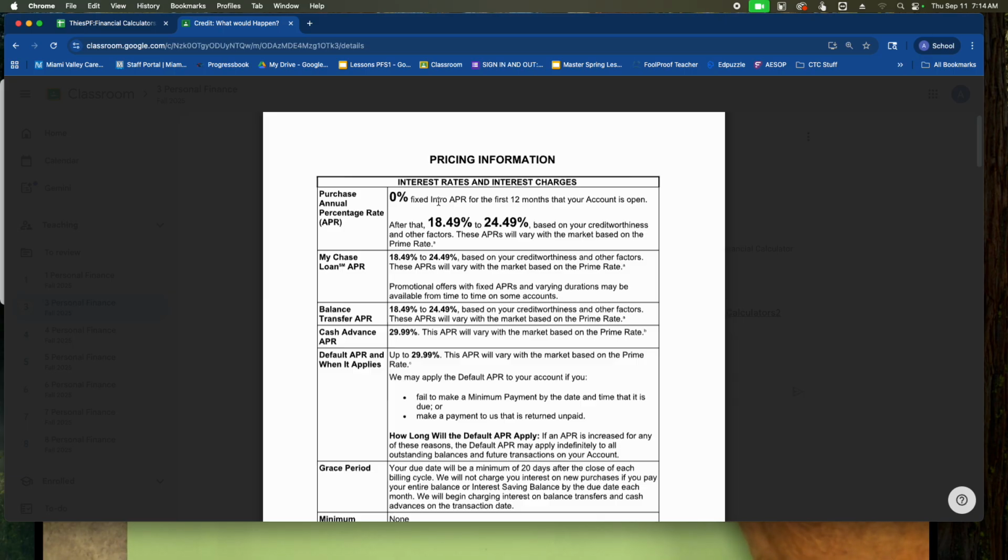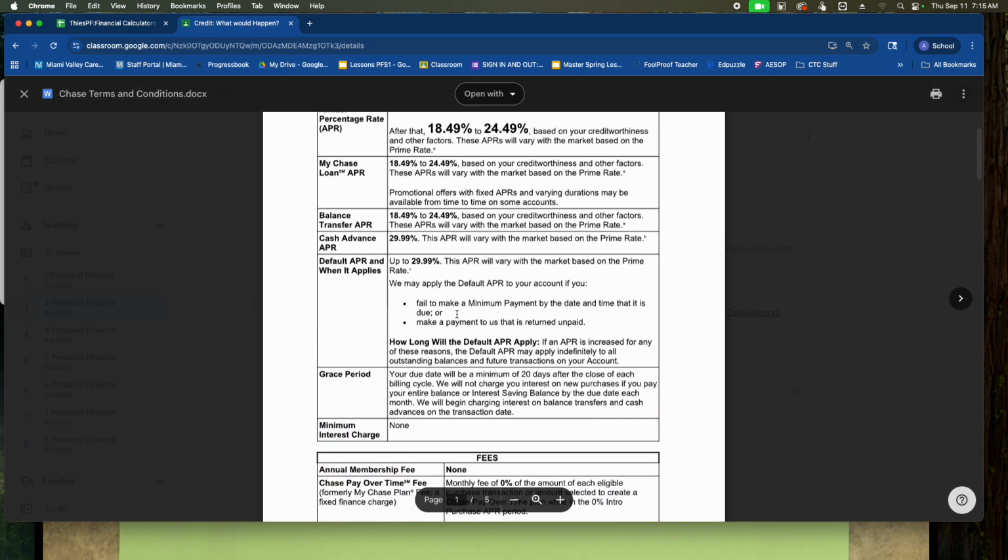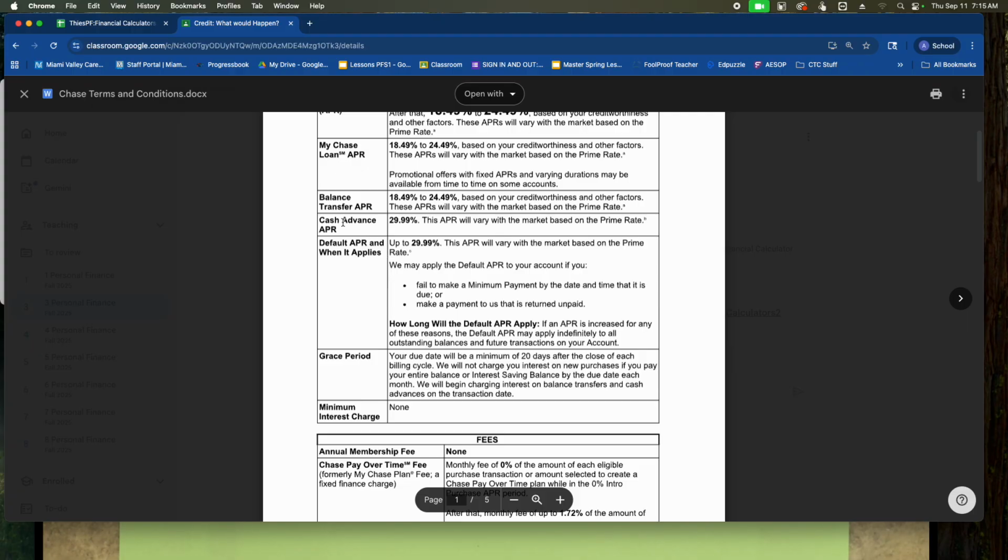How long would it take to pay off a $500 cash advance, paying $100 per month, always on time? What would be the end cost of that $500 cash? If we look at this, the first thing that we need to note is that cash advances right here are 29.99%, okay?